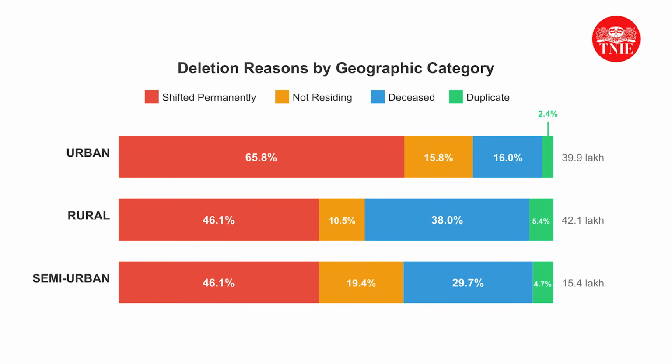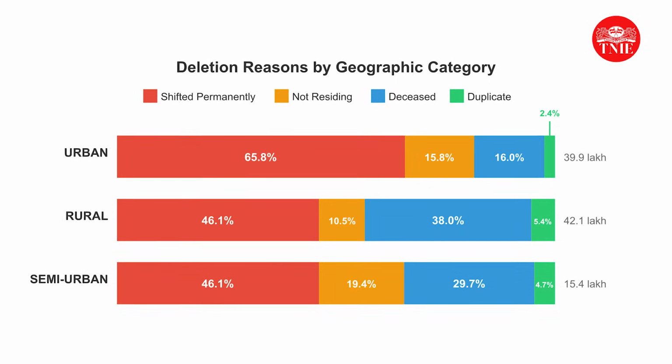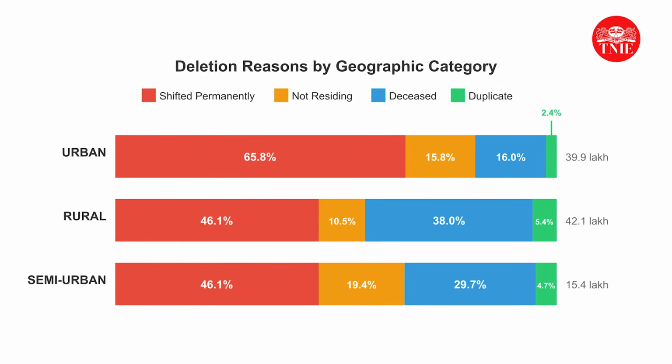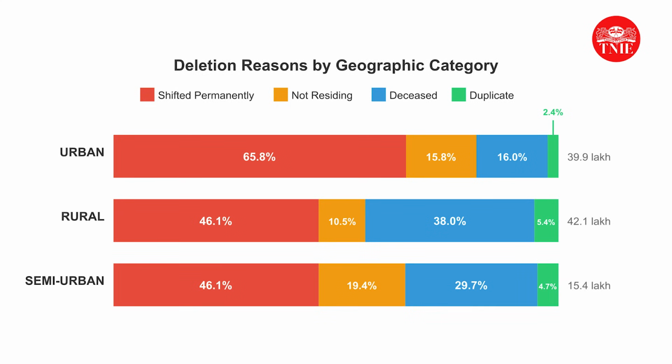Then, just to take one more minute, there are the demographically similar entries, where we did an exact match. We did not go for any variations in spellings at all, to be conservative in our approach. We matched the exact name, same relative's name, same relationship type, same gender, same age.